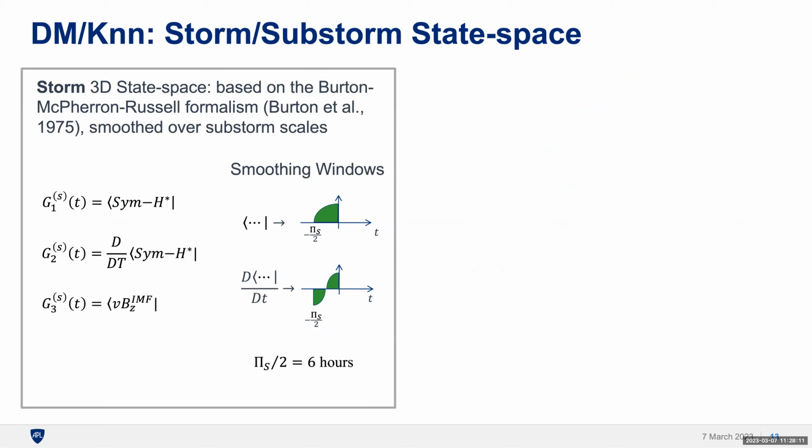All right, so now we have to formulate our storm and substorm state space. Like I said, we're trying to capture the complex dynamics of the magnetosphere, and we're trying to distill it down to a small finite dimensional state space.